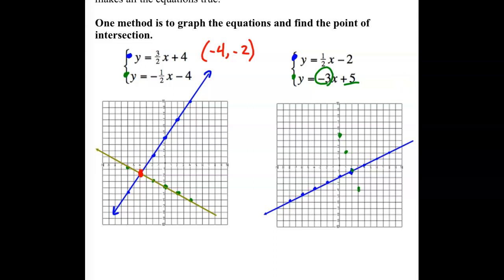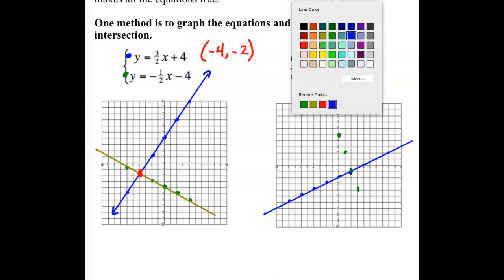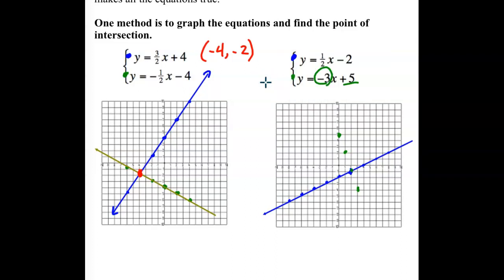All right, let's get a line in there. And so our lines are intersecting at this point right here. Coordinates of that would be 2, -1.